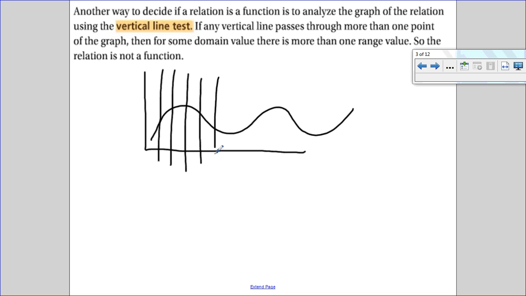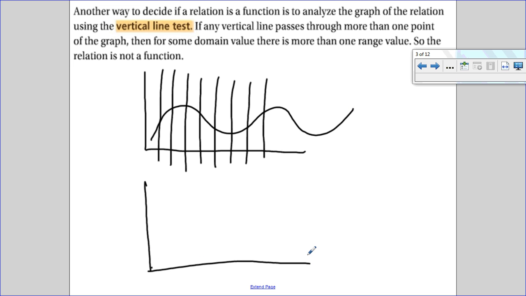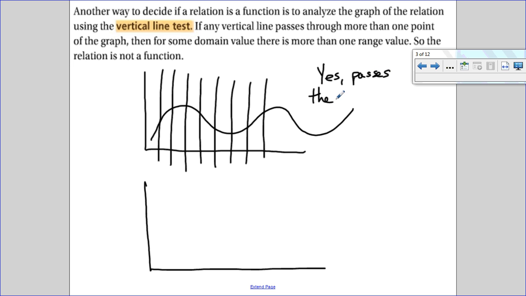If you slid it along different points in this graph, is there anywhere your pencil or a vertical line would intersect more than one point on the graph? And the answer is no. There's nowhere where it hits more than one. So this one is yes, it passes the vertical line test.